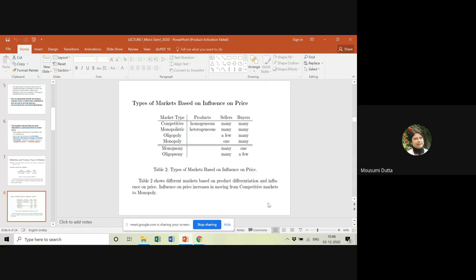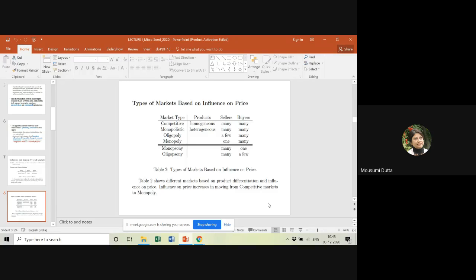There is no government intervention. It is a free market. Buyers and sellers are coming, and where the market is cleared, that is, total demand is equal to total supply, price will be settled there.